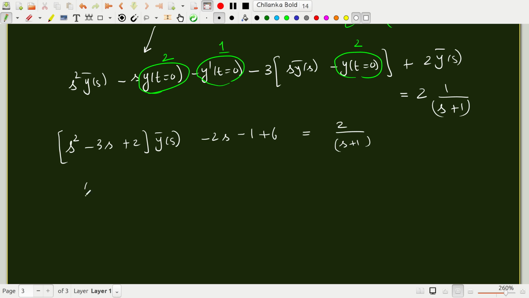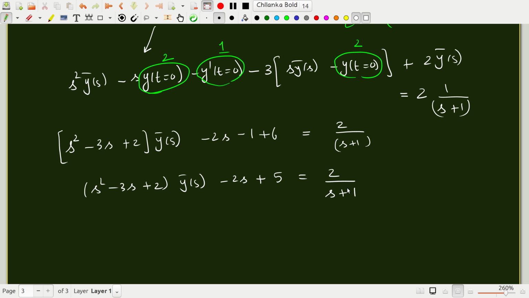Okay, so this is s squared minus 3s plus 2 times y bar of s, and this is simply minus 2s plus 5, right? Minus 2s plus 5 is equal to 2 by s plus 1.